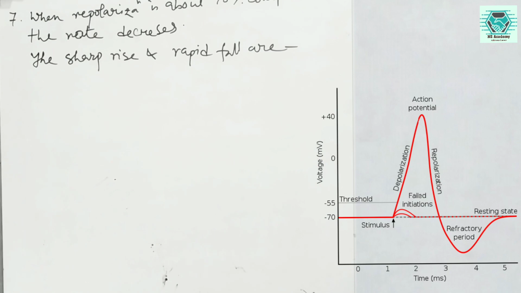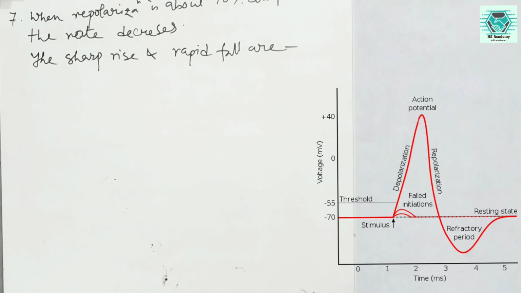So the next phase is when repolarization is about 70% completed. In the curve we have already seen the rate of repolarization then decreases, and again it tries to approach the resting level slowly.